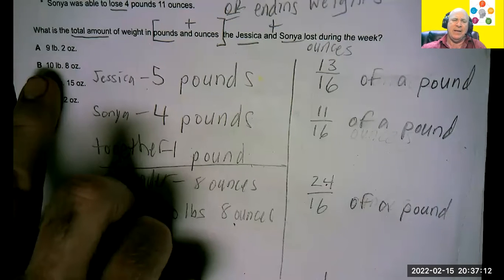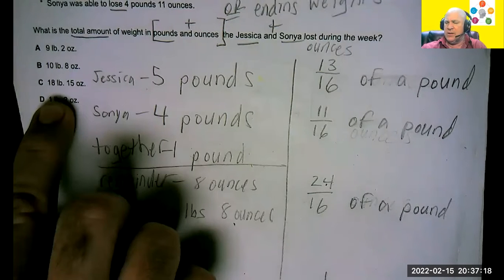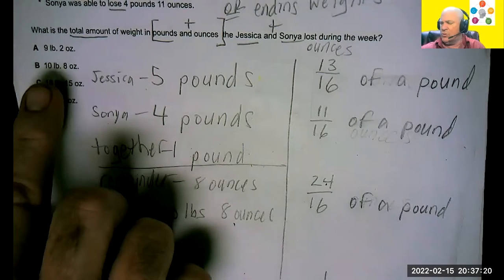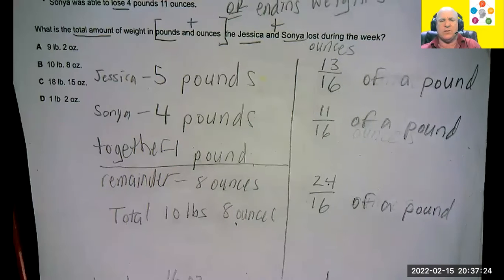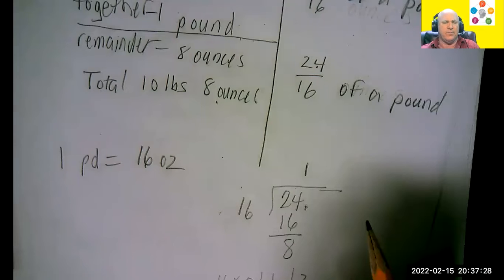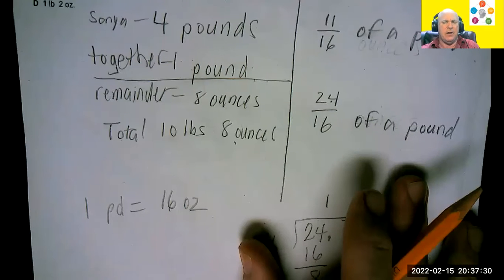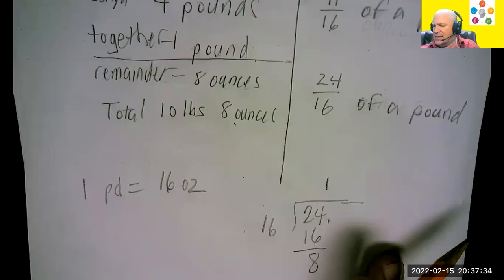But in some grade levels, they're going to ask you for a decimal response. And so you don't have to panic or worry. You can just say, well, I already know that they lost 10 pounds. Well, what would be the percentage of 8 ounces?